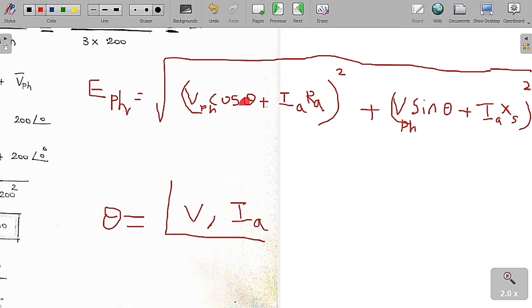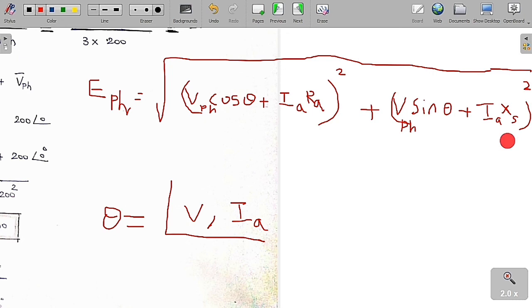You can use even this equation to get the value of the EMF induced per phase, which is the square root of V phase cos theta plus IA into RA, whole square, plus V phase sin theta plus IA into XS, whole square. In the question they have not given anything regarding RA, so we assume it is 0. Unity power factor means cos theta is equal to 1, so we get V phase whole square, plus, as theta is 0, sin 0 is 0, IA into XS.